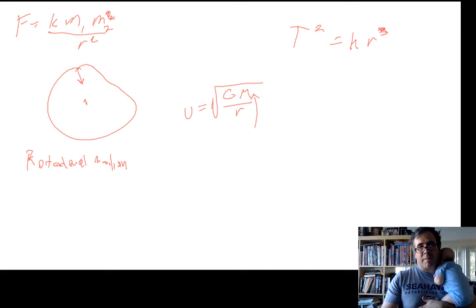This M is technically the mass of both. But if we're talking orbital things, unless you're doing something weird, we just use the bigger mass.